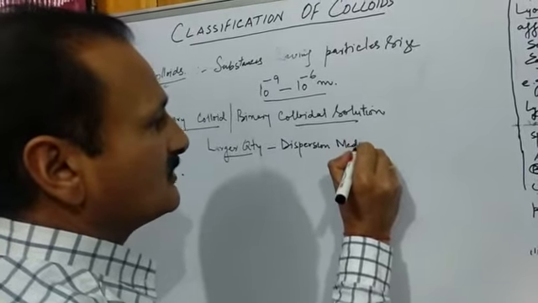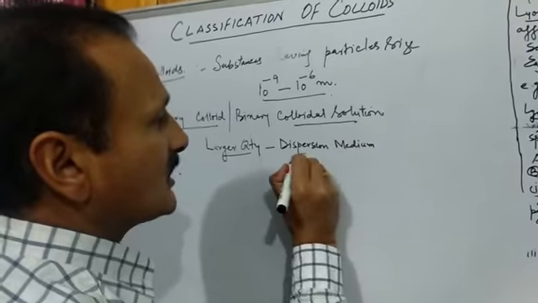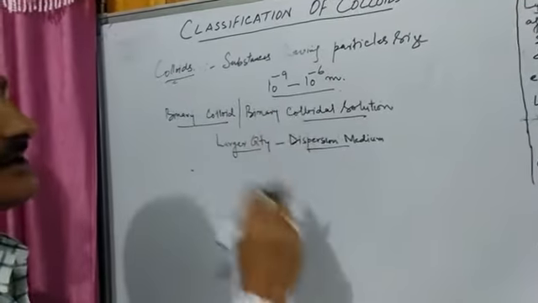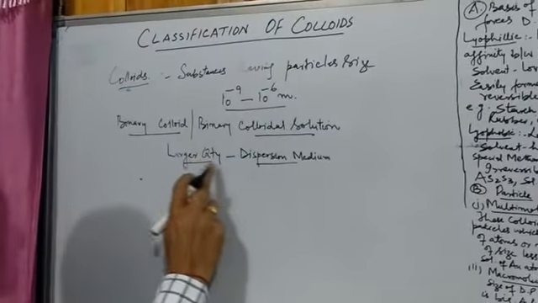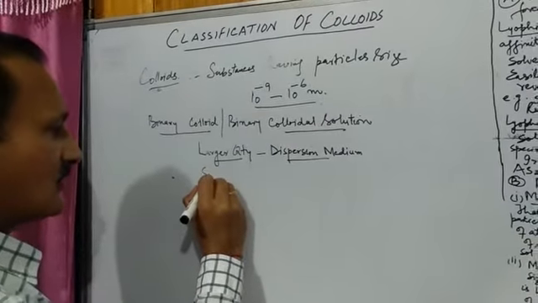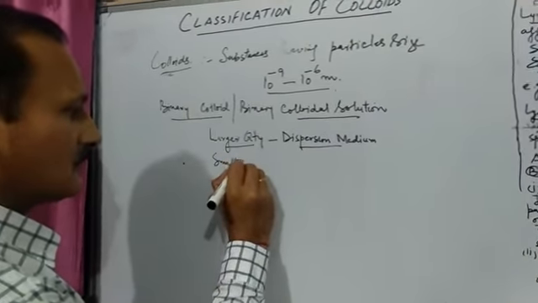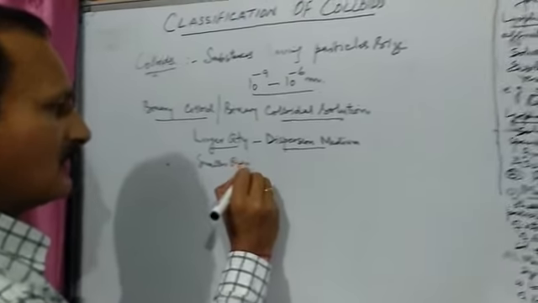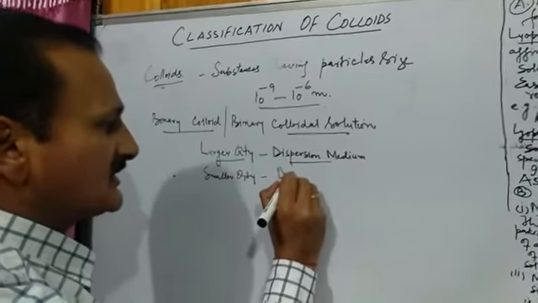So what is dispersion medium? It is the component of the colloidal solution which is in larger quantity. Similarly, the other component which is in smaller quantity is called dispersed phase.